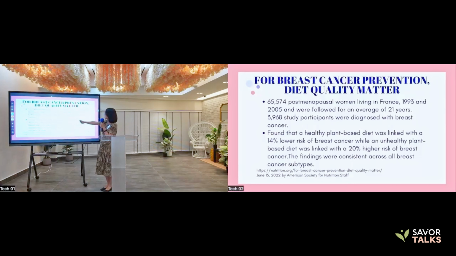If you're able to eat this, you can reduce breast cancer by 14%. However, if you eat an unhealthy plant-based diet, it's linked with a 20% higher risk of breast cancer. So being vegetarian doesn't mean you can prevent cancer, because I saw a lot of vegetarians also get breast cancer. It's how you eat the food, whether it's whole food or processed food. Vegetarian is not the important thing. The important thing is to increase the whole food in our diet.